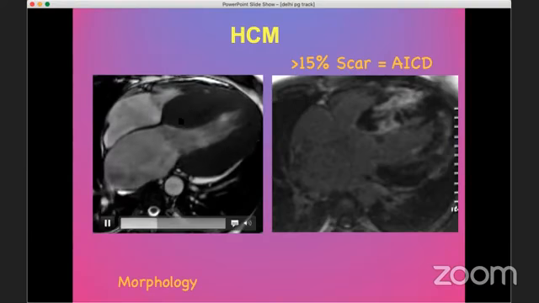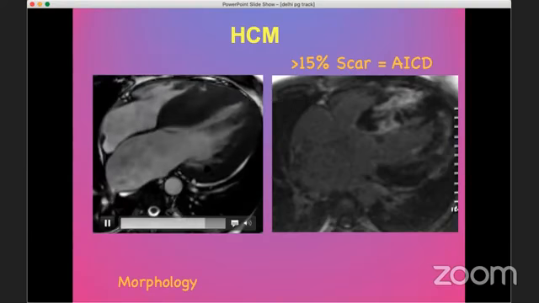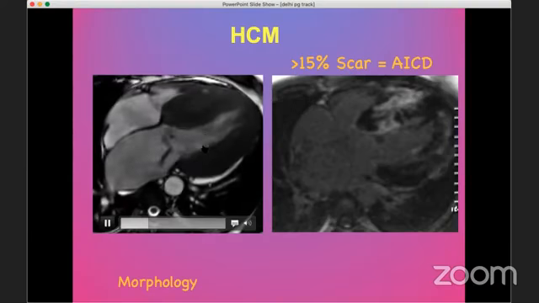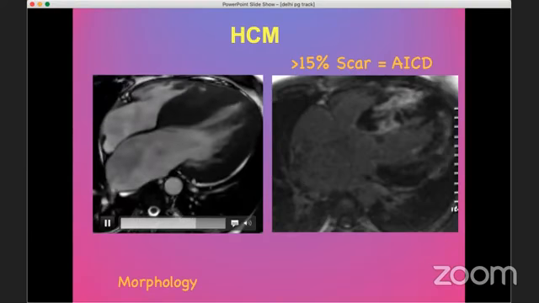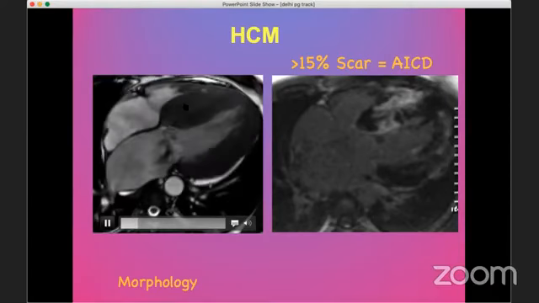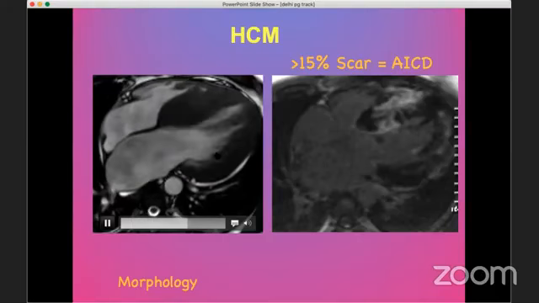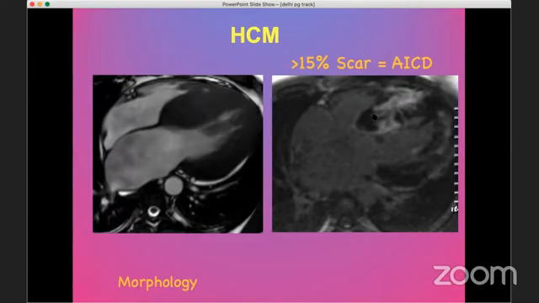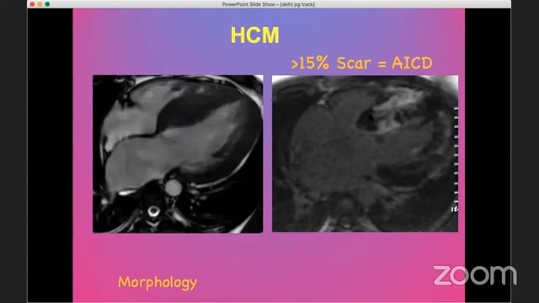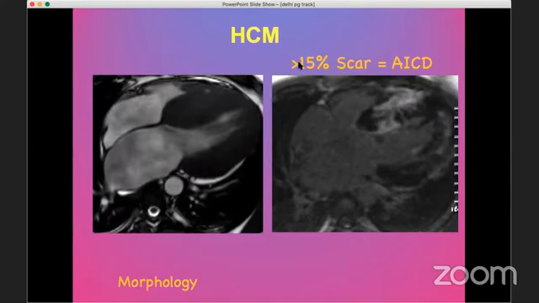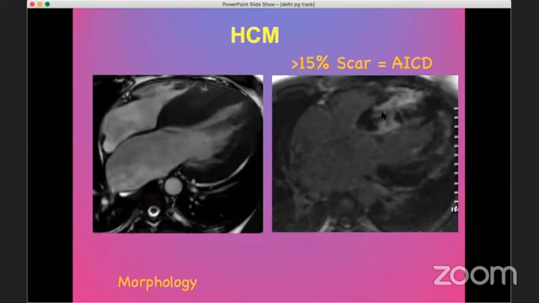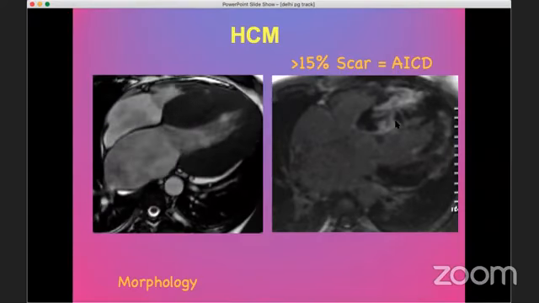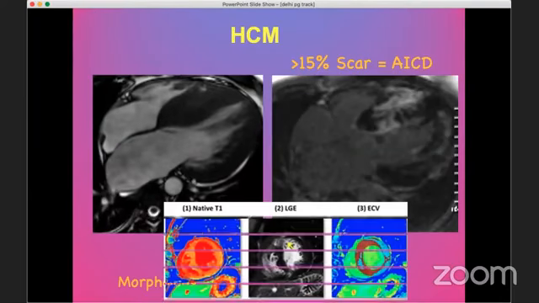Hypertrophic cardiomyopathy, again, no points in guessing this on echo, but what is important is all the features, including the mitral regurgitation, the LVOT, the thickened septum, can be clearly seen and quantified. But the icing on the cake is this mid-myocardial, mid-septal scar, and the quantification of which gives you the number; more than 15% is now a 2B informal indication for ICD.